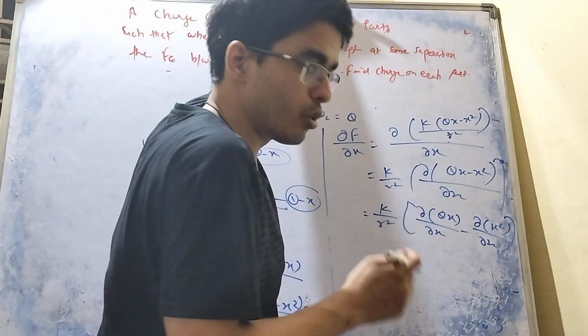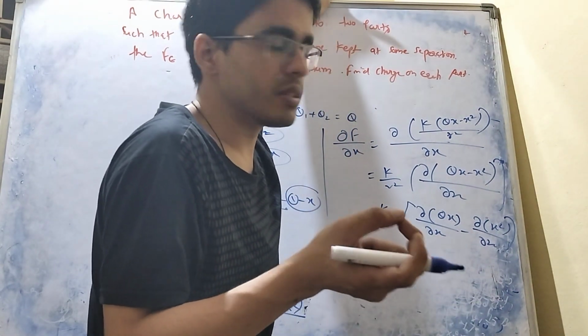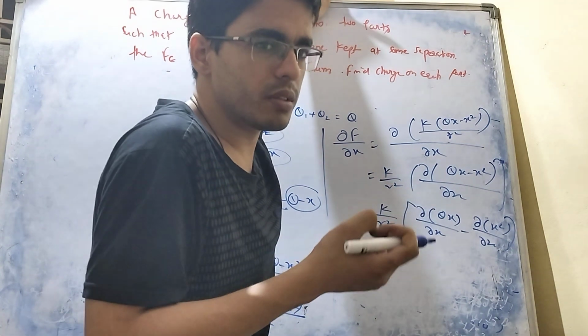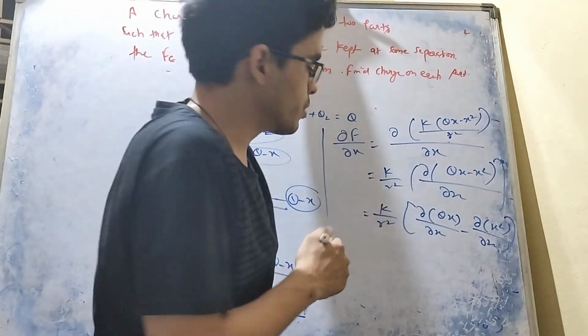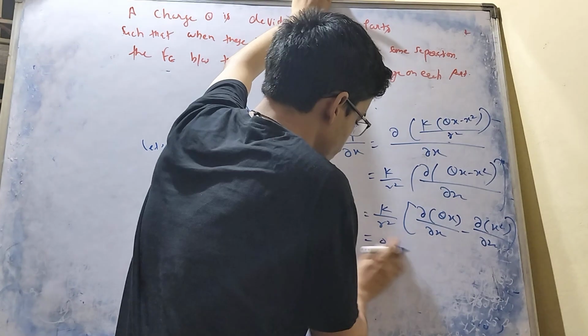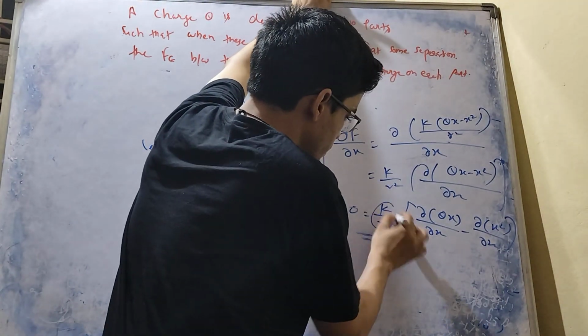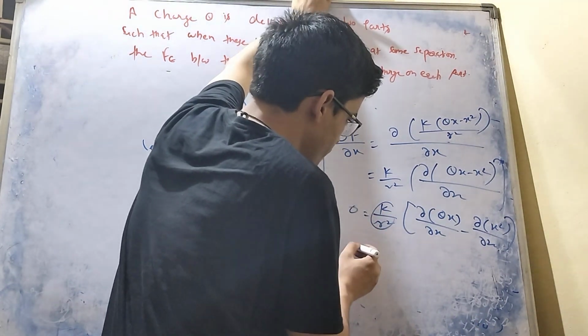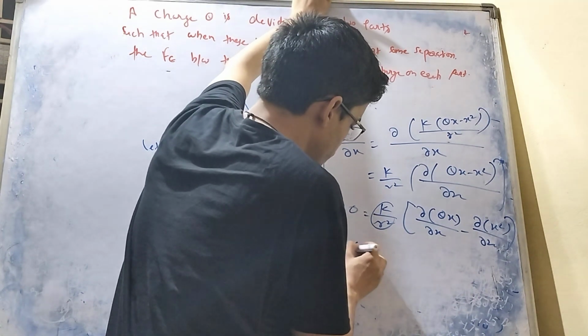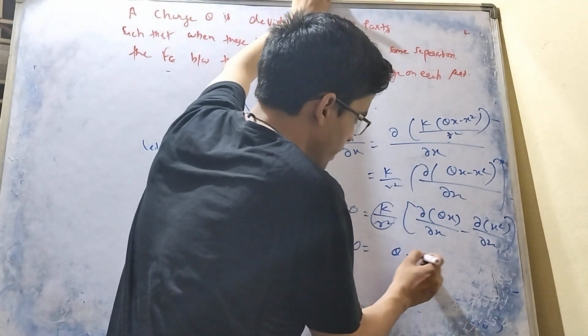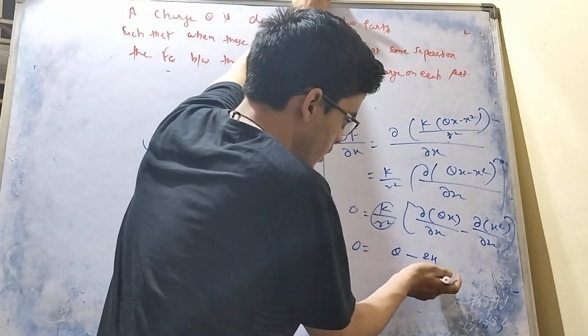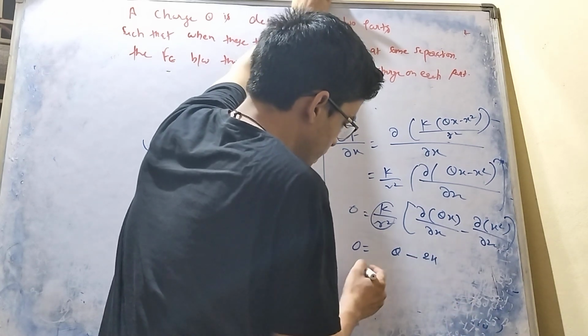Acha. And I told you, first calculate the derivative, and after that put it equal to 0. So put equal to 0 like that. So this will go to this side, 0. Okay. And tell me what is the value here. This will be Q minus 2x equal to 0. So shift this 2x to the right side.